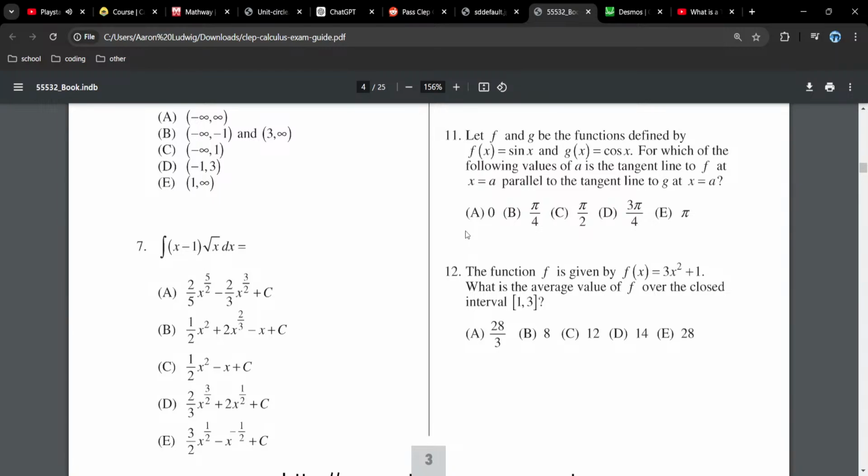So 3 pi over 4 is actually the, what is that? I should know that.